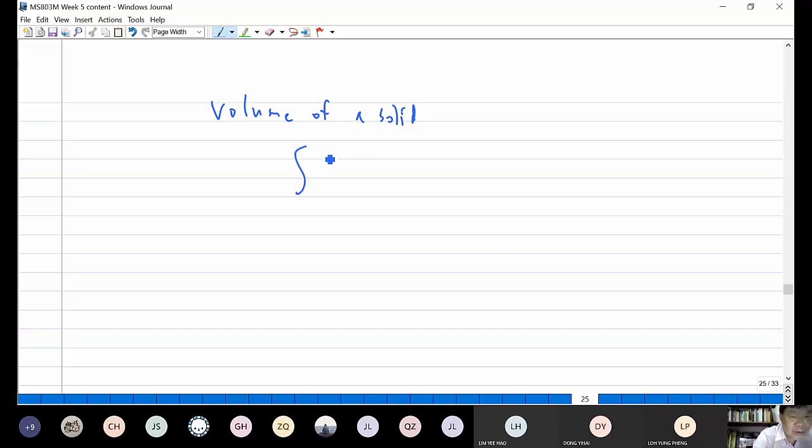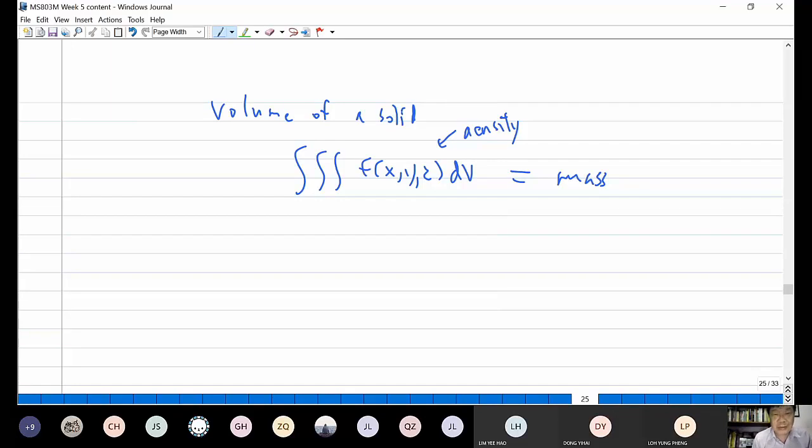Because when you have something like this, f(x,y,z) dV, right? Okay, this is the density. Then usually if you do this, you get the mass, right? Now how do you find the volume? You will know, this is one example here.